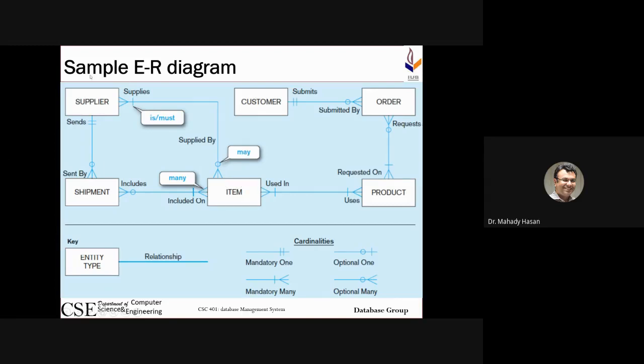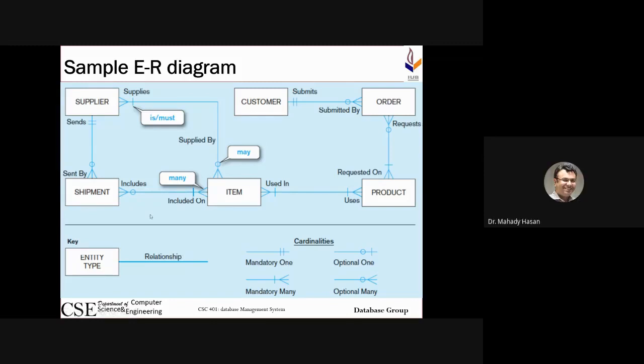Is it okay? So the rectangle boxes are my, what are the rectangle boxes? Entities. Entity type. So the rectangle box is your entity type, and the lines between the entities are my relationships. Make sense?